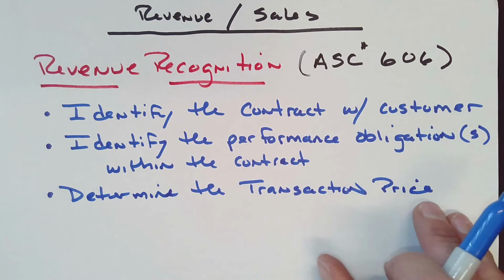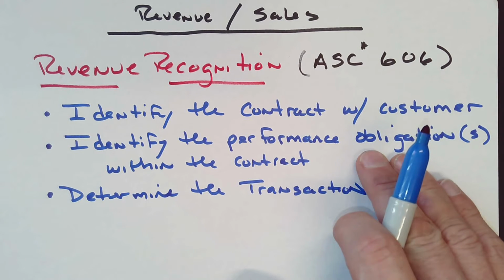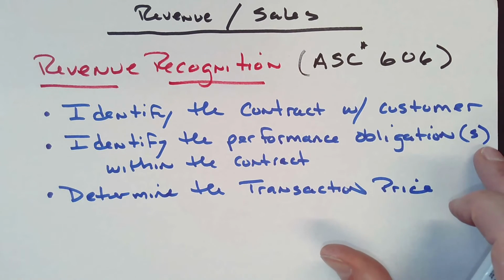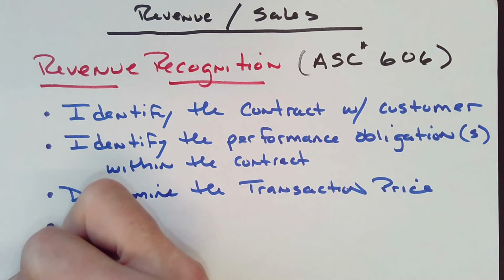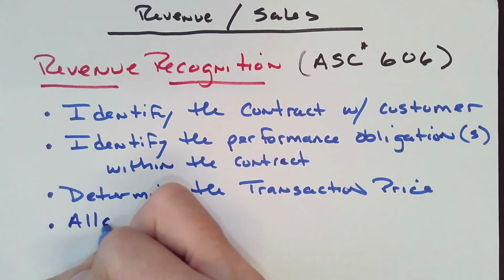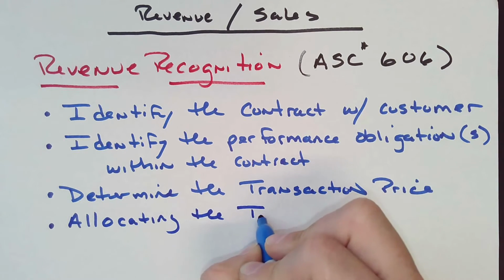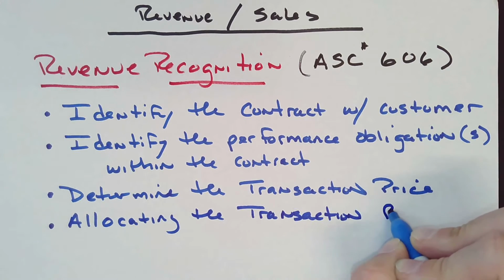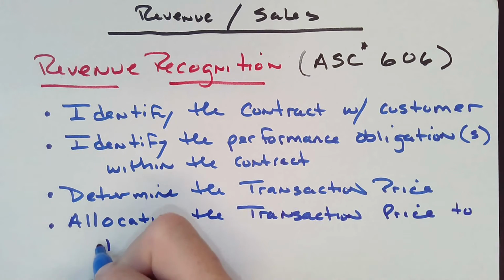Now that we've determined the transaction price, well, what if we have multiple performance obligations on this contract with a customer? What if we have to do a number of different things? Well, I have to go through the process of allocating the transaction price to the performance obligation.